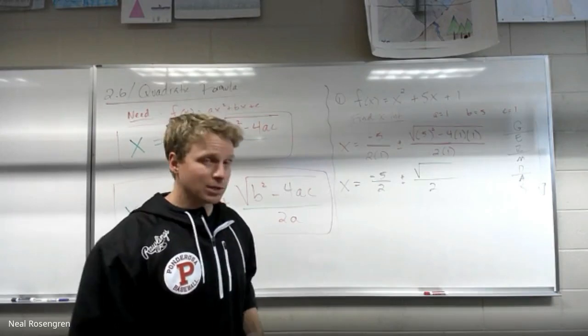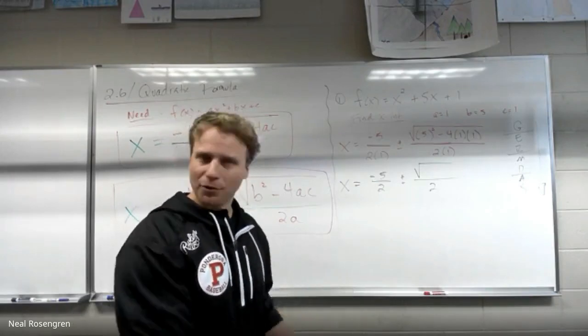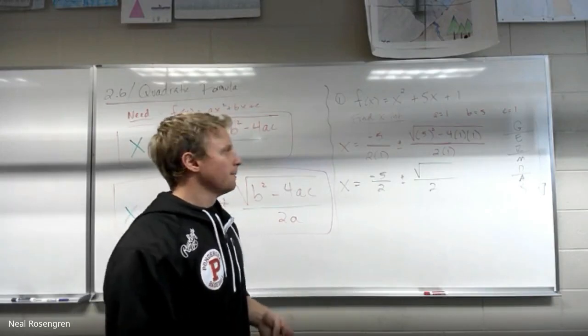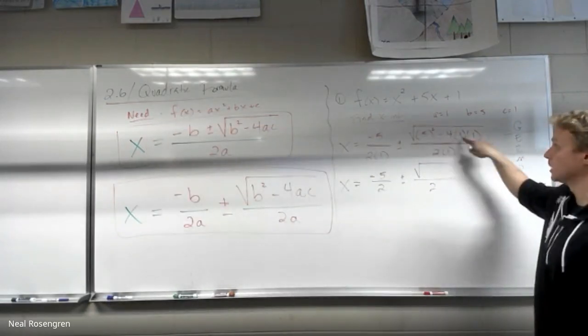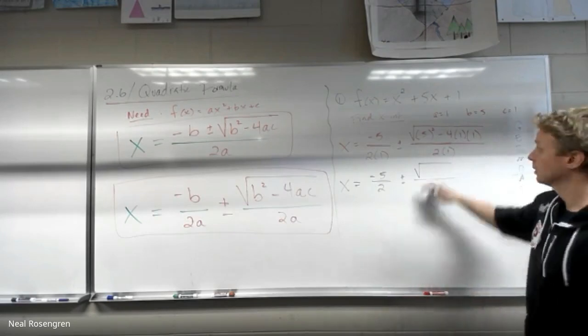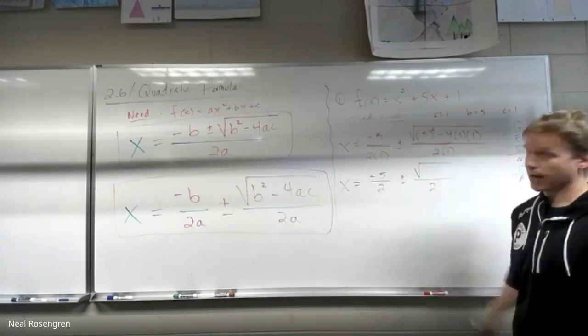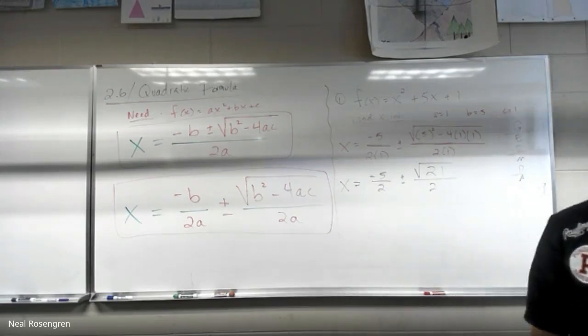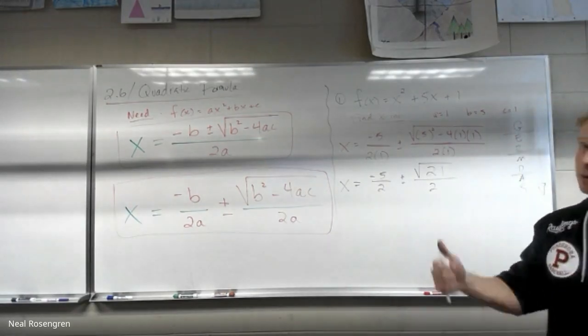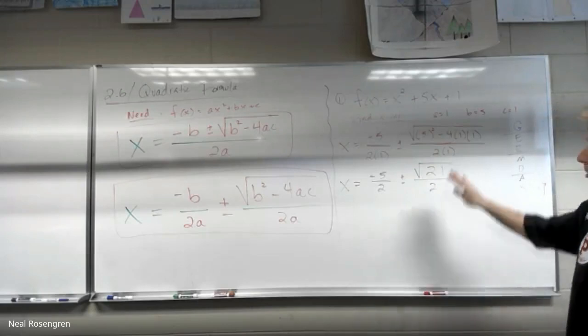But I don't want to use a decimal. I want to use like the square root of whatever it is, but make it nice. So I'm just going to type in, or do in my mind, 5 squared minus 4 times 1 times 1. All in one shot, you'd get 21. So that's me typing in 5 squared minus 4 times 1 times 1, just like that.